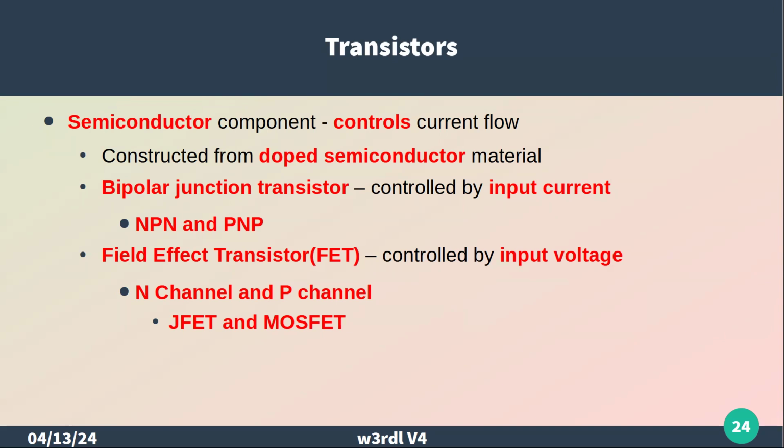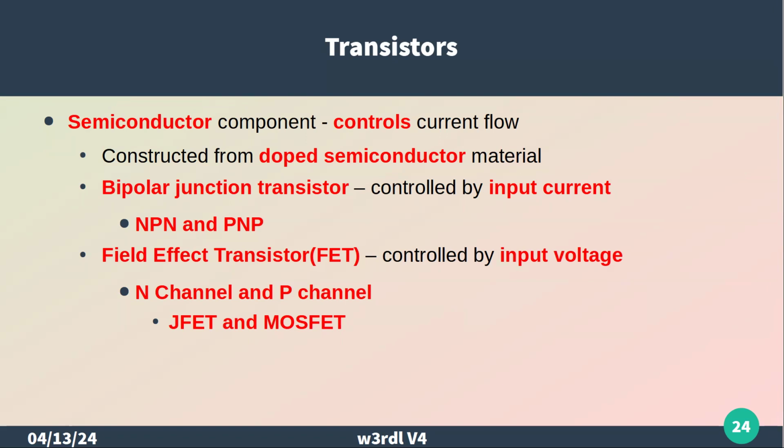For a field effect transistor, which lets you control that current flow with voltage, whereas in the bipolar, it's the amount of input current on the control element that controls the current through the device. We do it with a voltage on the field effect. And again, we have two types.